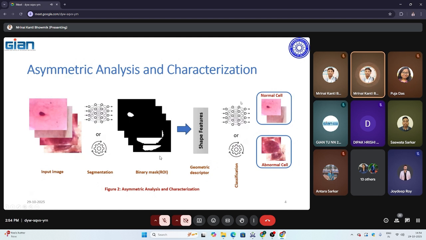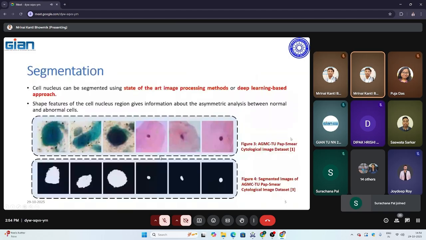In this way, we can classify using a deep learning method, or we can use traditional statistical classification algorithms. Shape features of the cell nucleus region give information about the asymmetric analysis between normal and abnormal cells.